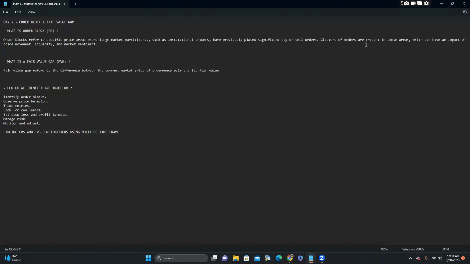Clusters of orders are present in these areas, which have an impact on price movement, liquidity, and market sentiment. In short, order blocks are specific areas in the market where we have large volumes of orders.